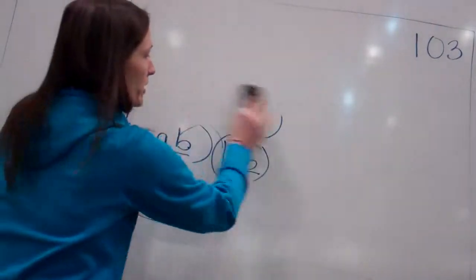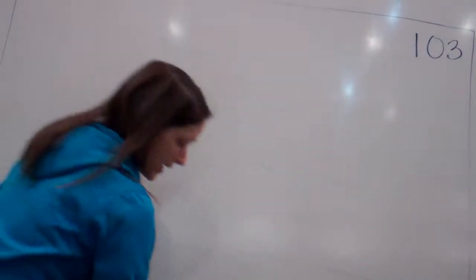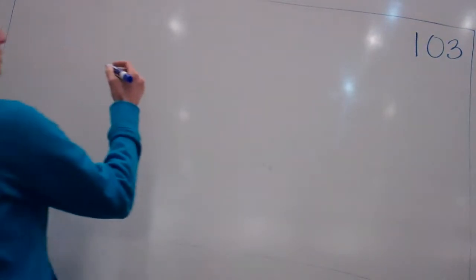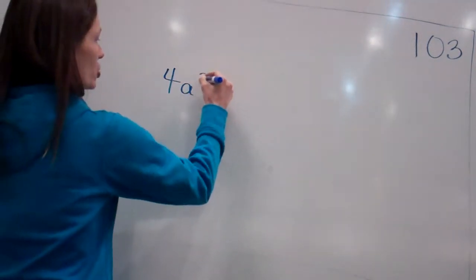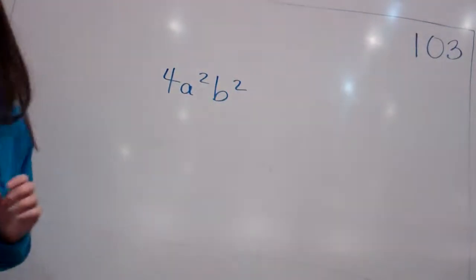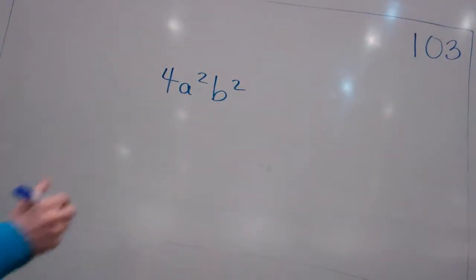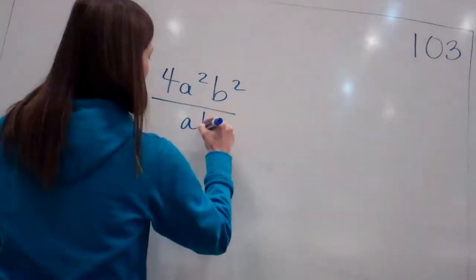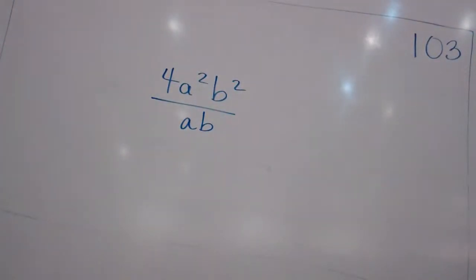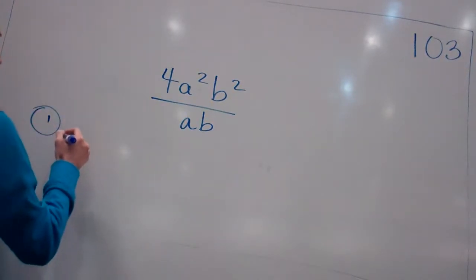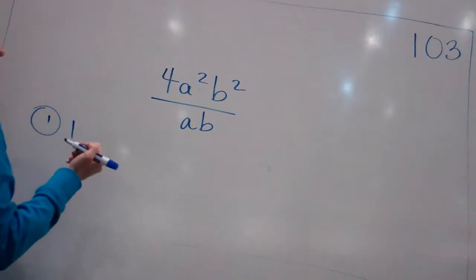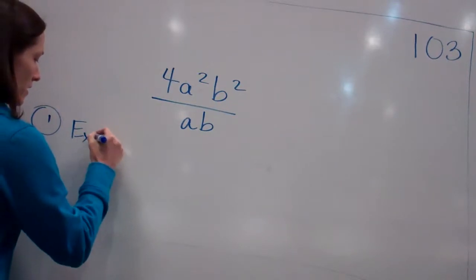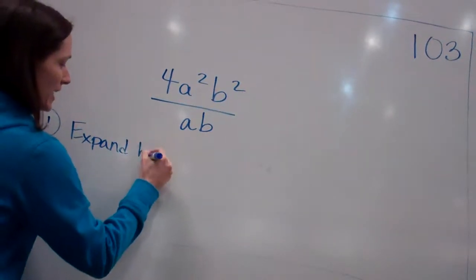But now what they're wanting to teach you is how to divide terms. So watch this. 4A squared B squared divided by AB. Okay, your very first step that I want you to take is to expand by breaking it down.